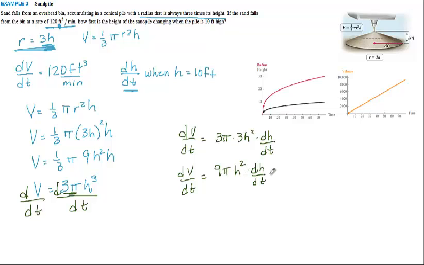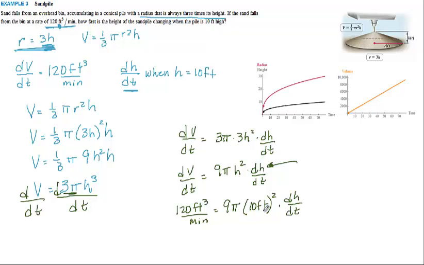That's really pretty. Now here's what I'm wanting to know anyway. I want to know dh over dt, and I want to know it when h is 10. So I'll just substitute in my numbers. dV over dt is 120 feet cubed per minute. 9 pi, I need to know it at 10 feet. This is going to be quantity squared times dh over dt, because that's what I want to know.